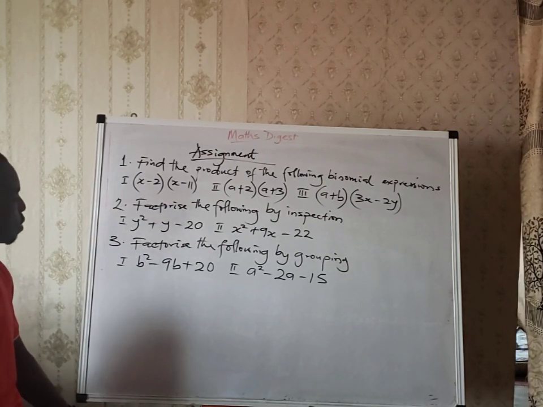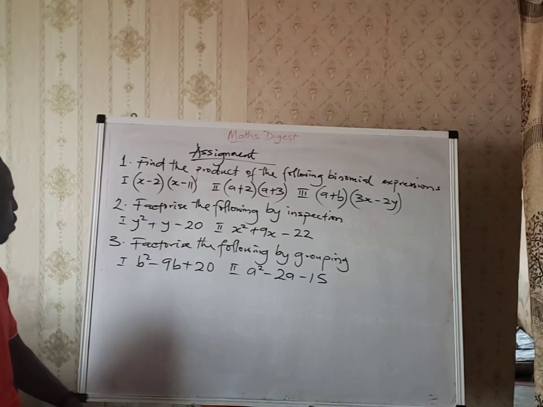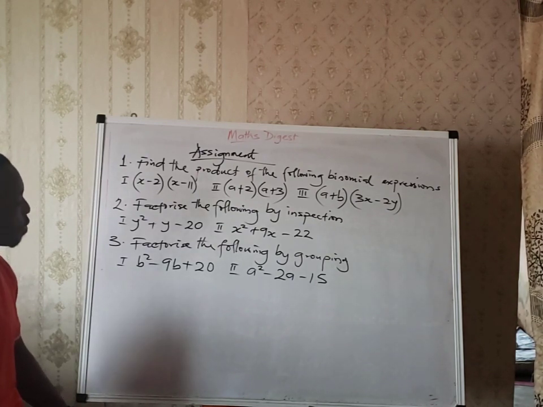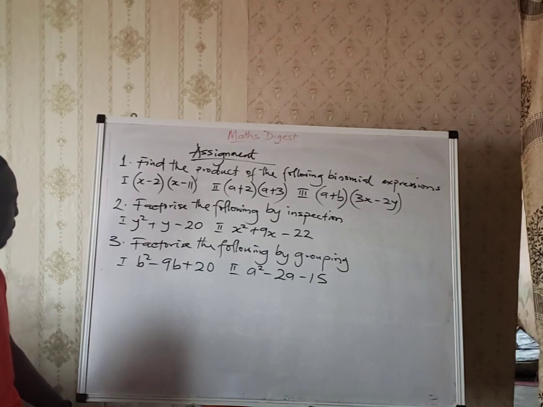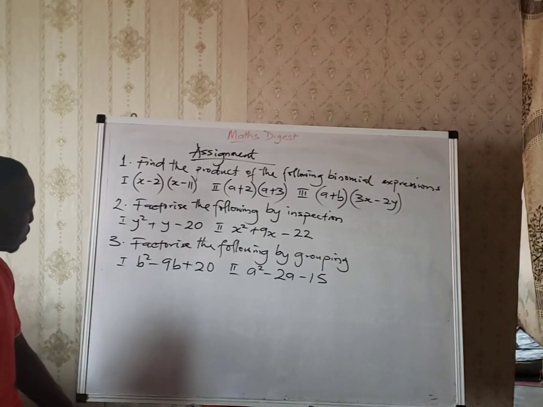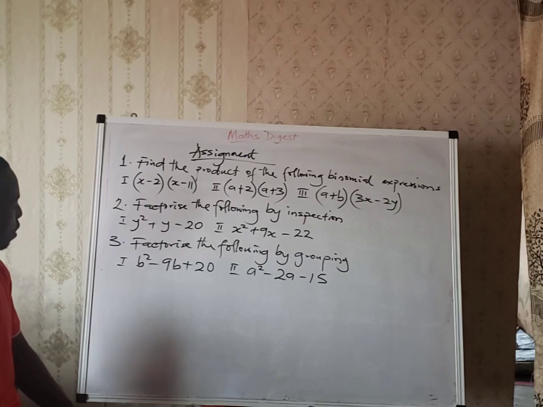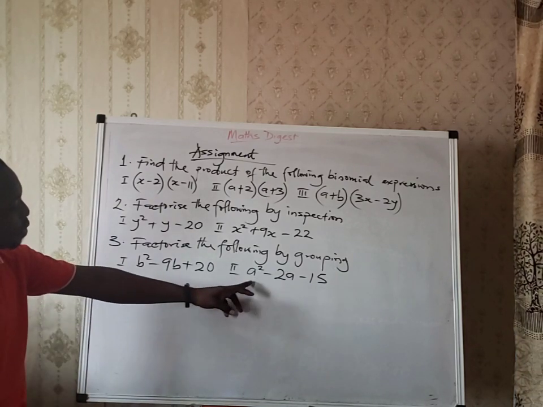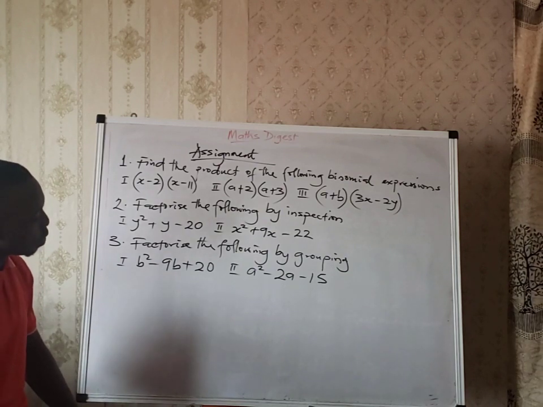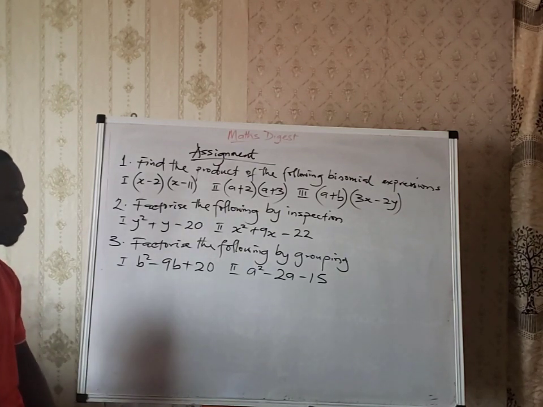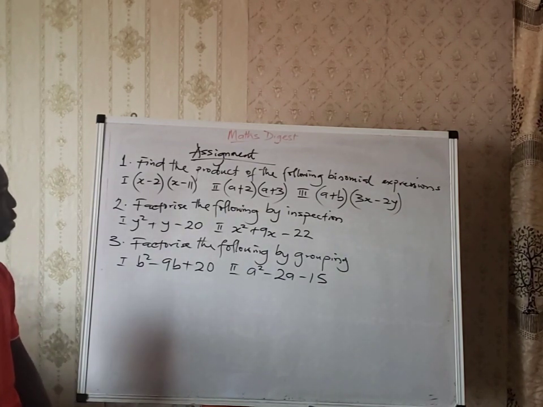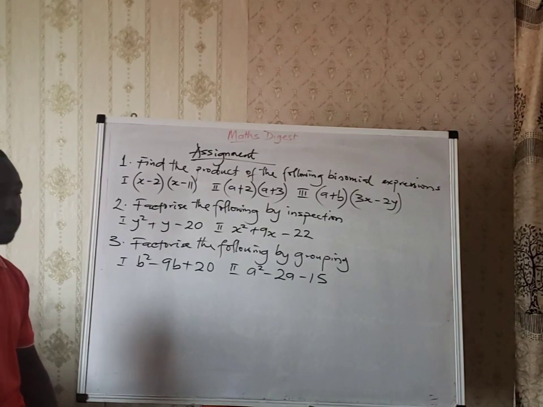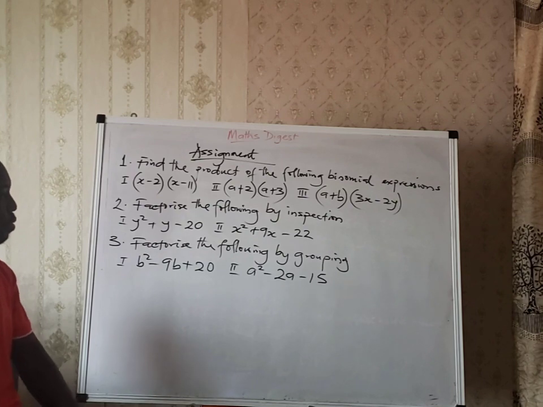Now the third question says factorize the following by grouping. The first one says b squared minus 9b plus 20, and the second one says a squared minus 2a minus 15. So please do this and submit your answers in the comment section.